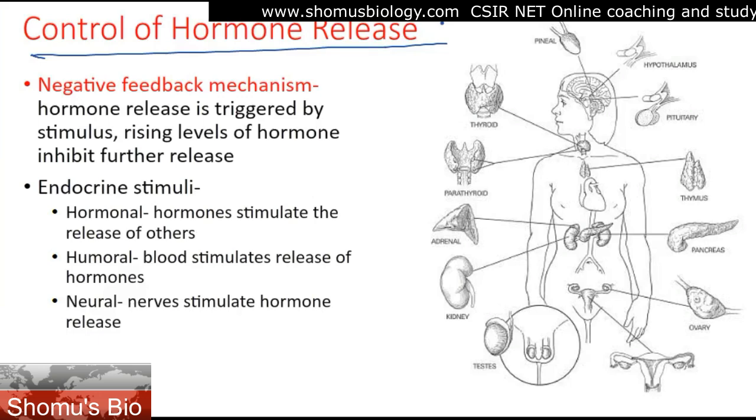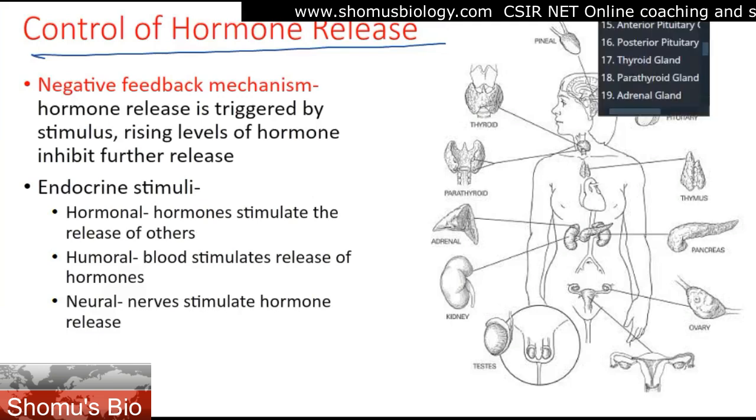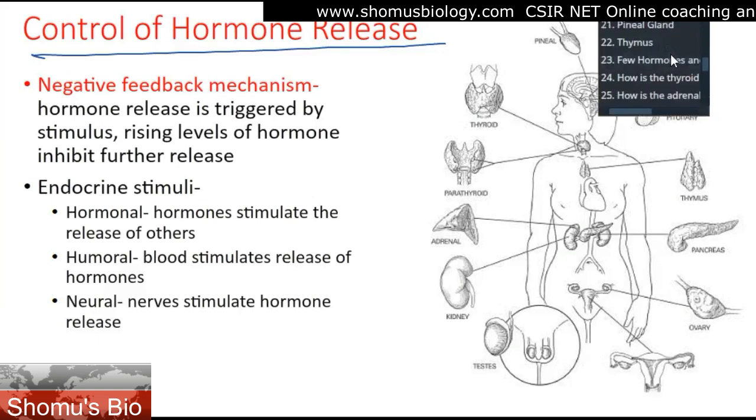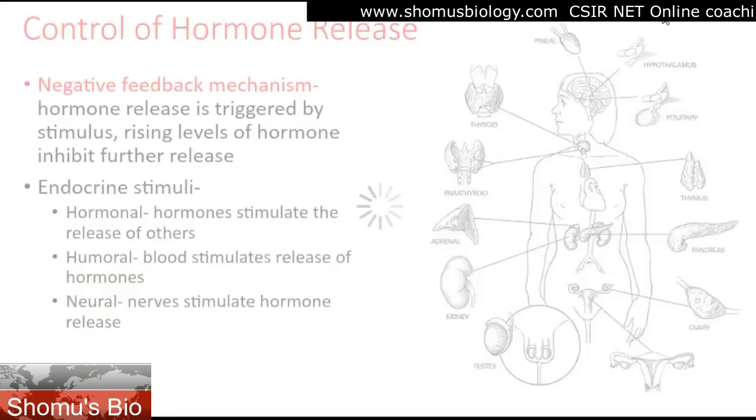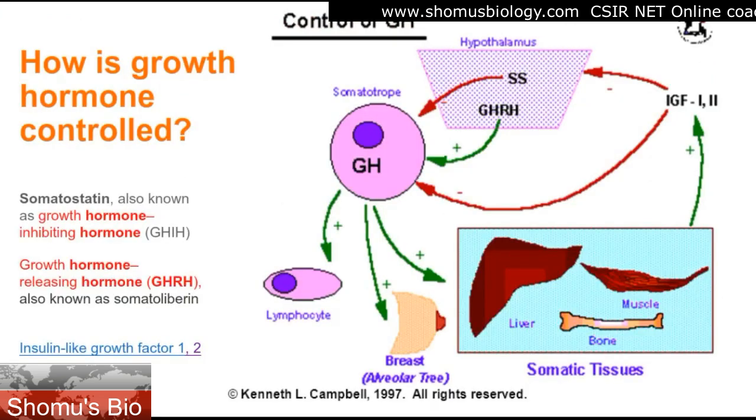Okay, and that is always fixed. Let me give you one example that will help you understand: growth hormone and how it is regulated. This one example will help you understand how exactly these hormones are regulated.